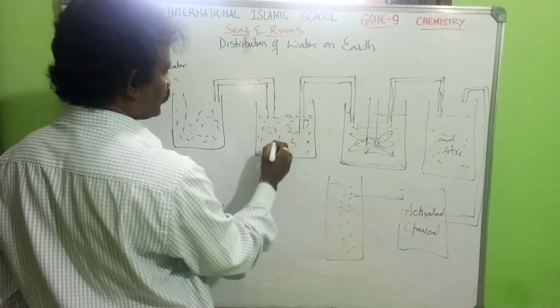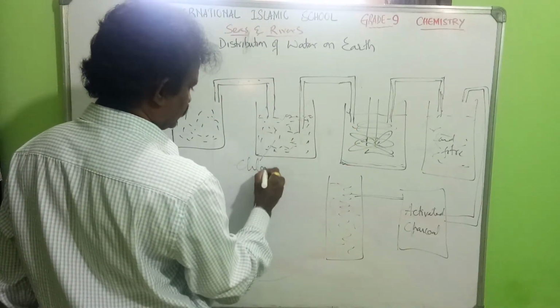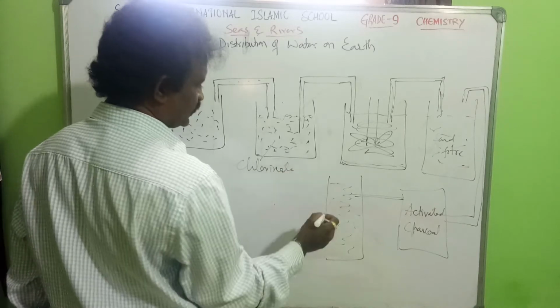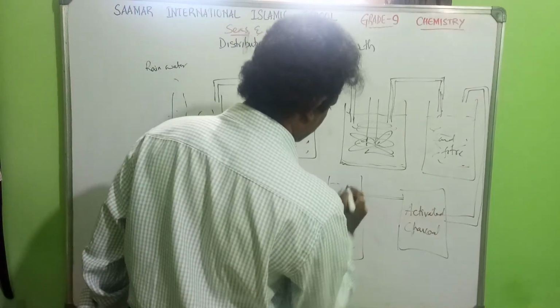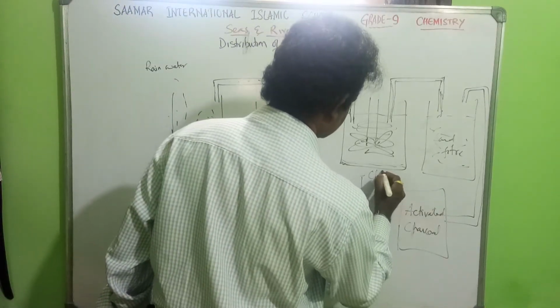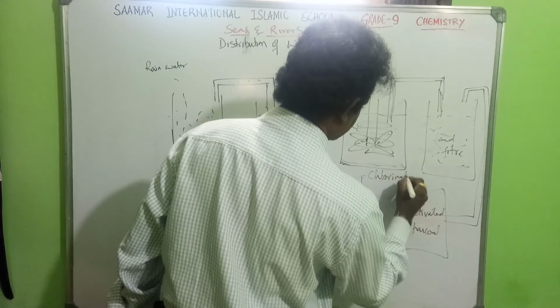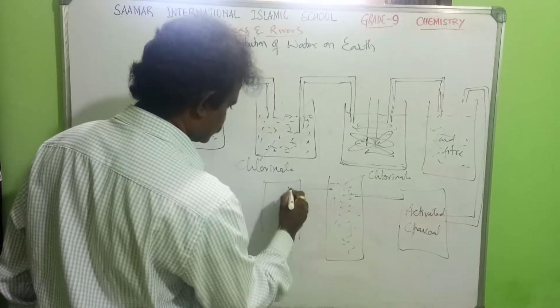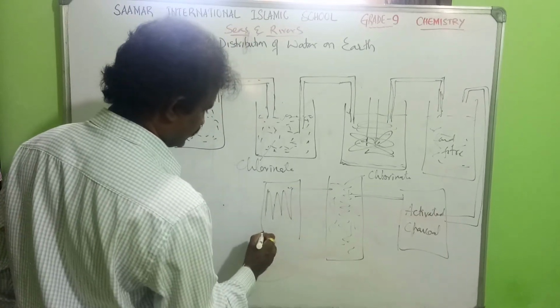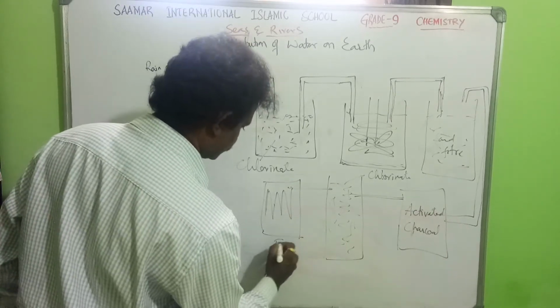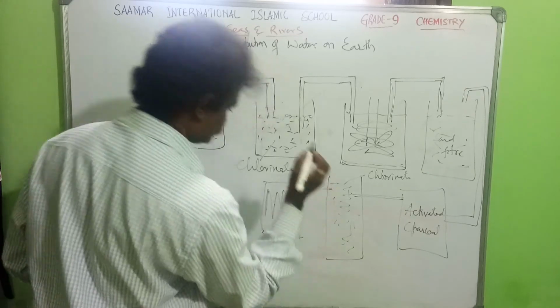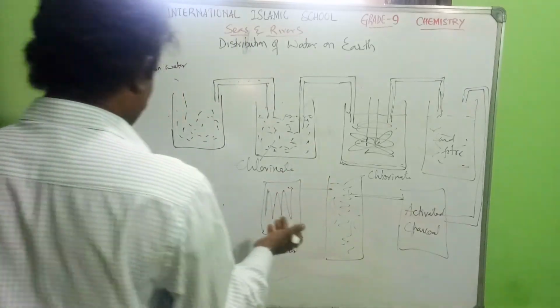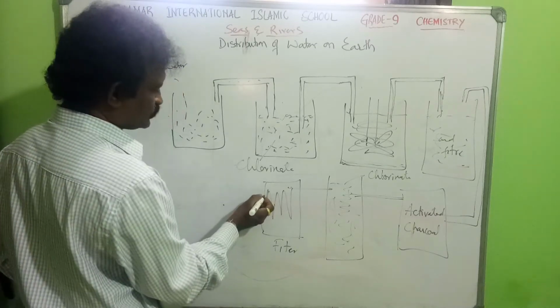Here also we chlorinate, two times we chlorinate. Two places we chlorinate. After this, it will pass through the filters, depending on 1 micron to 0.01 micron.